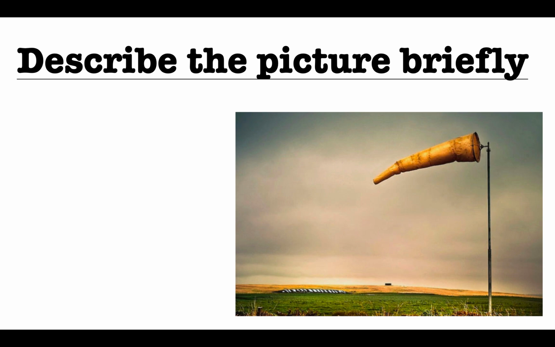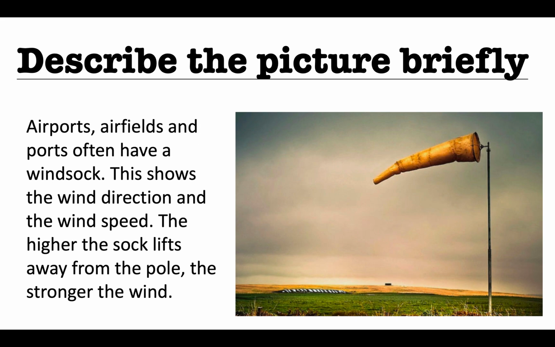The windsock, usually placed in airports, airfields, and ports, helps us determine the wind direction and the wind speed. Here I've written it down for you. Airports, airfields, and ports often have windsocks. This shows the wind direction and wind speed. The higher the sock lifts away from the pole, the stronger the wind.